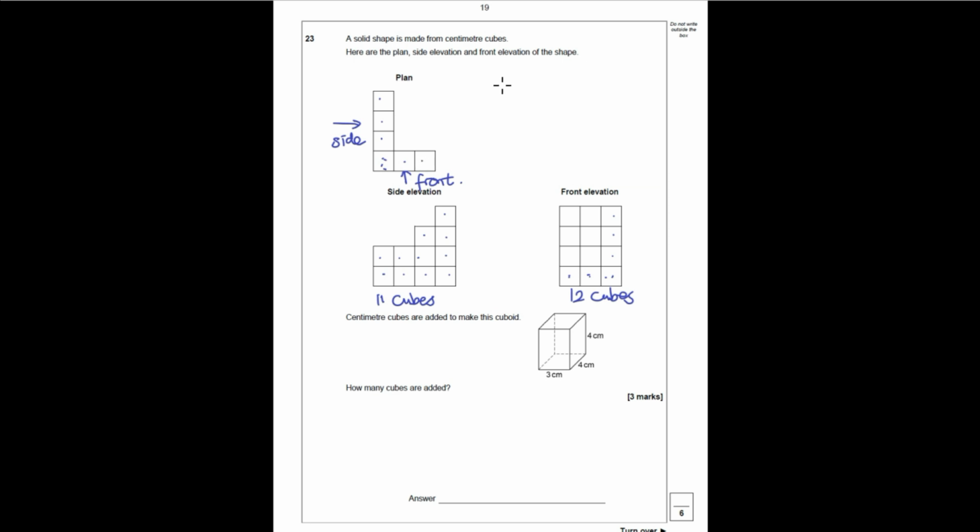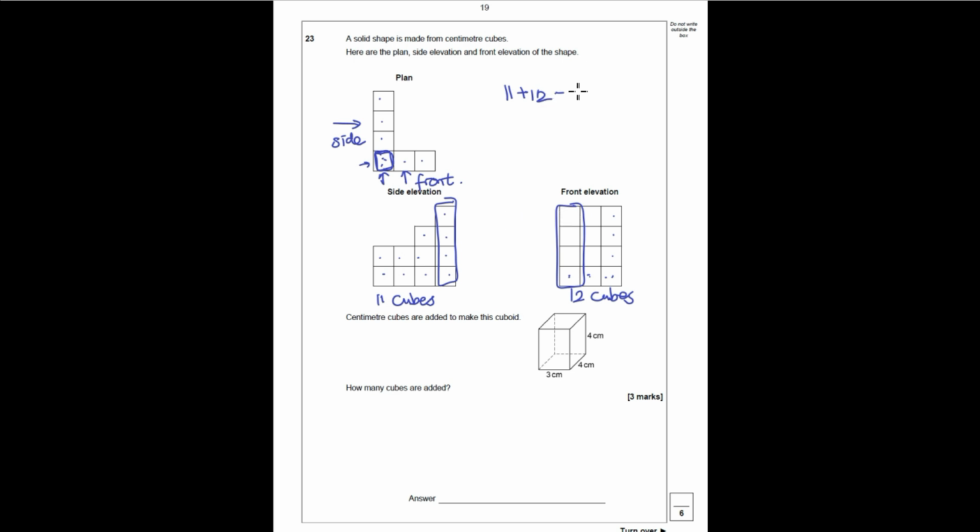So the original shape has 11 plus 12 cubes, but be careful with this because you have seen this from the side and you have seen this from the front. So that means you have seen this block twice. That is this block from the side, or from the front you see this block, because they're the same cubes, so you can't count them twice.